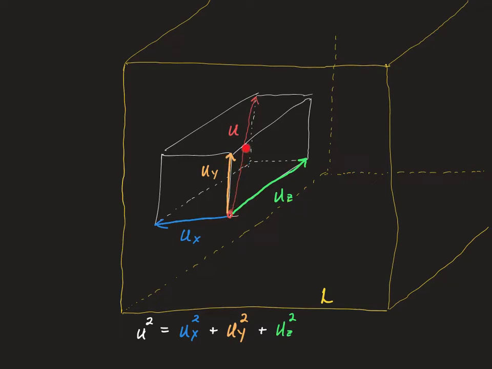It's moving at angles to all three. So if we can create a vector for its velocity, u, we can divide that into vectors. So here it's going from the front right corner of this rectangular box to the back upper left corner of the rectangular box.